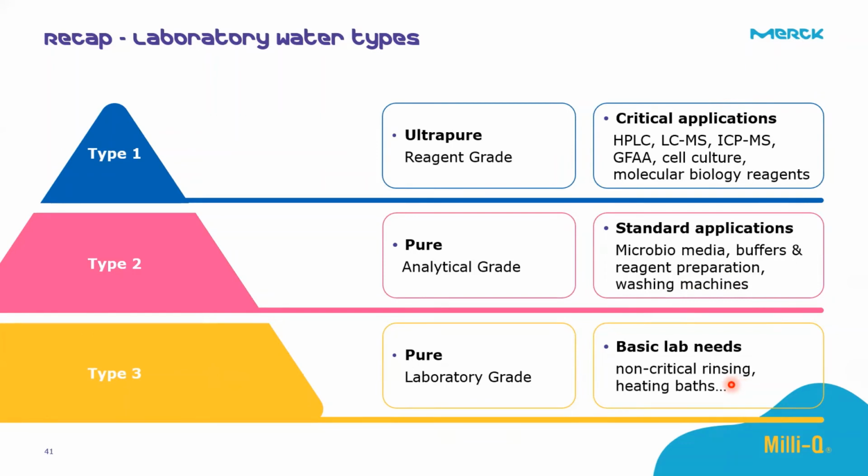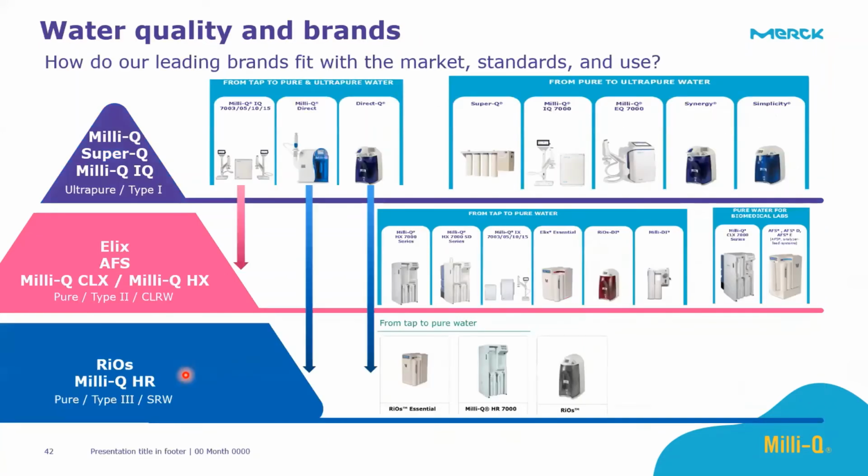So when it comes to all these water purification systems, I want to mention that we at MERCK cover all that with a whole portfolio of water purification systems. For type 1, we cover with quite a number of choices based on your applications and based on your source of feed water.